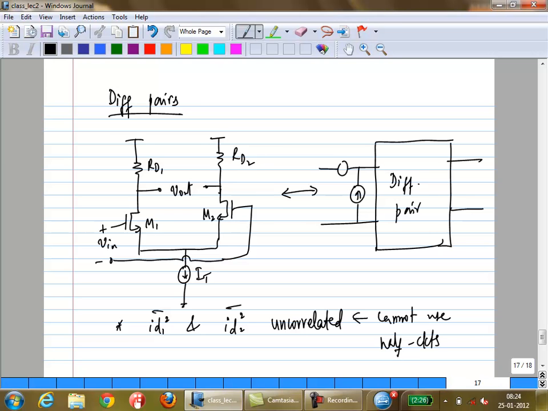Okay. So what that means is you get ID1 squared over 2 times RD1 on this side plus ID1 squared over 2 times RD2. If RD1 equals RD2, then it is just ID1 squared times RD. Similarly, M2 will produce ID2 squared times RD.